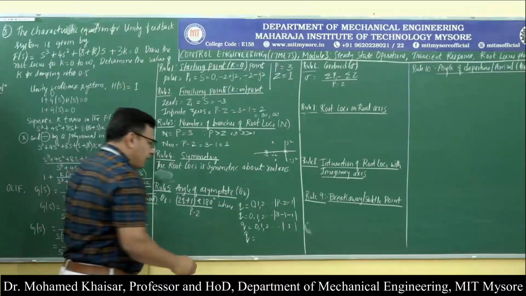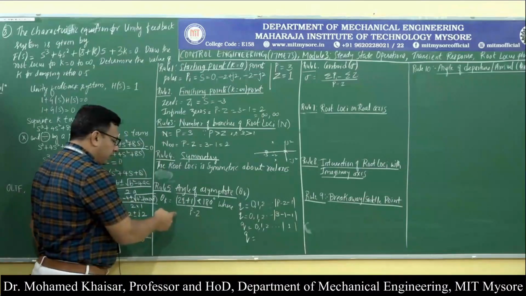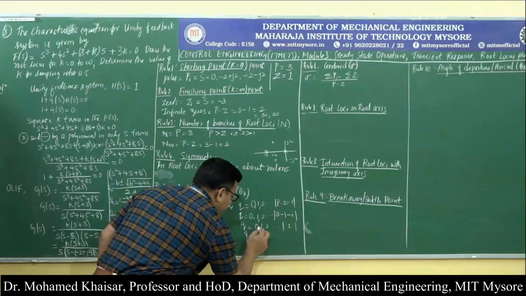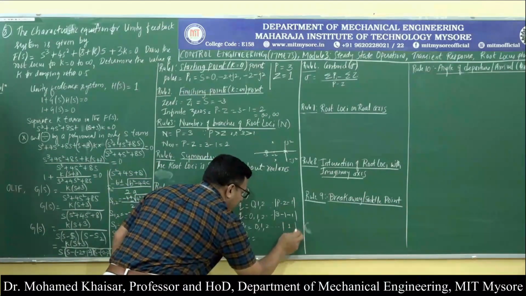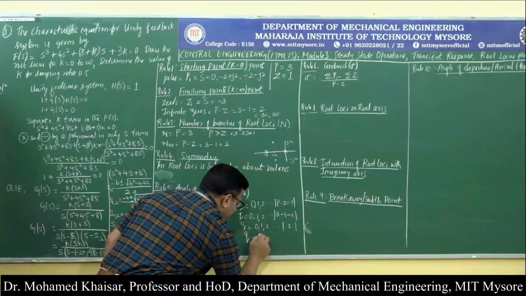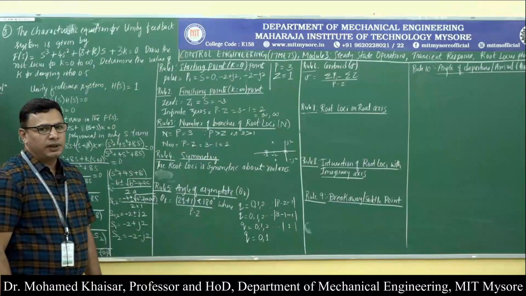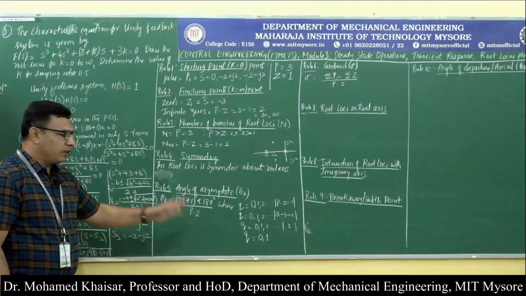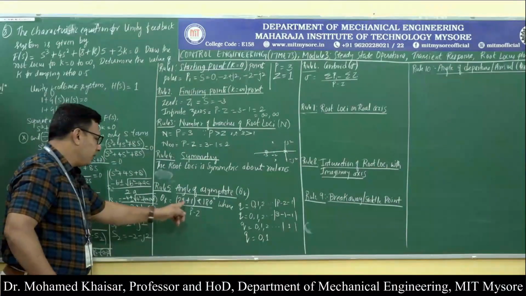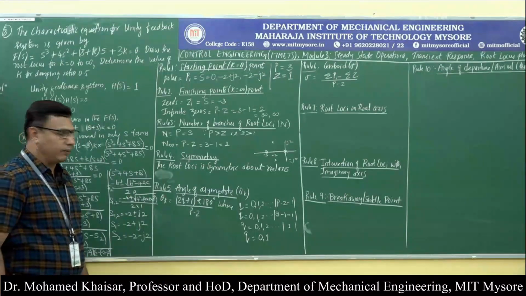What it means is, the value of Q to be substituted here has to be 0, 1, 2, etc., up to modulus of 1. That means we have to go only up to 1. So, Q must take only the values 0 and 1 in the formula for the angle of asymptotes.